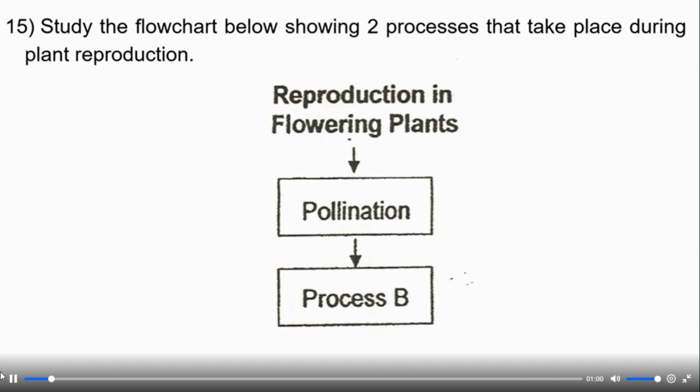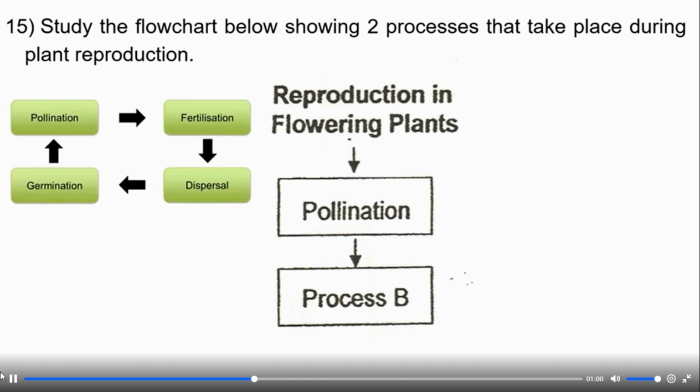Question 15. Study the flowchart below showing 2 processes that take place during plant reproduction. So let us recall the processes of a flowering plant. First, pollination, followed by fertilization, followed by dispersal, followed by germination, and the process repeats. So looking at this question, there is pollination.